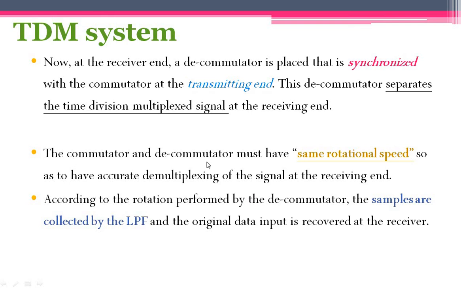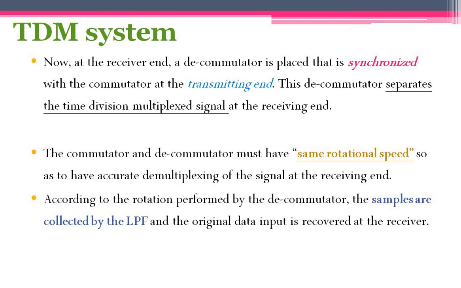The commutator and the decommutator must have the same rotational speed, because after every rotation the pulses or the data is transmitted. So they both have to be of the same rotational speed so as to have accurate demultiplexing of the signal at the receiving end.